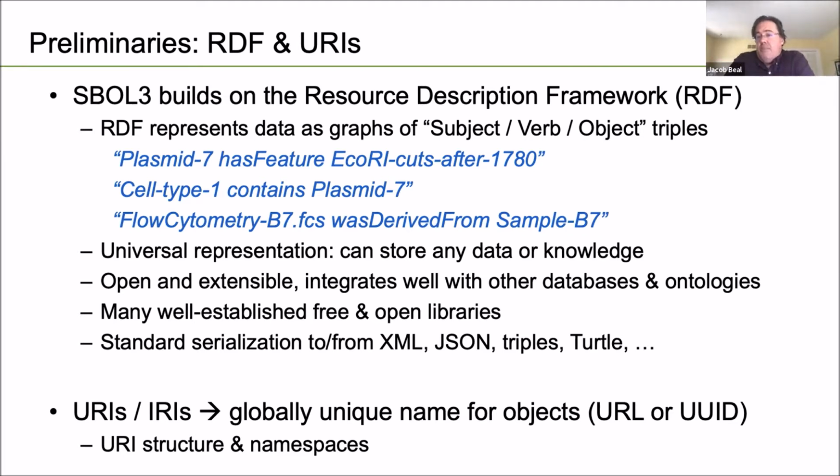The nice thing about this triple model is that in theory, it's universal and can store any type of data or knowledge. It turns out everything can potentially be boiled down to triples like this. Also, because there is so much use of this in the biomedical world in general, it integrates well.